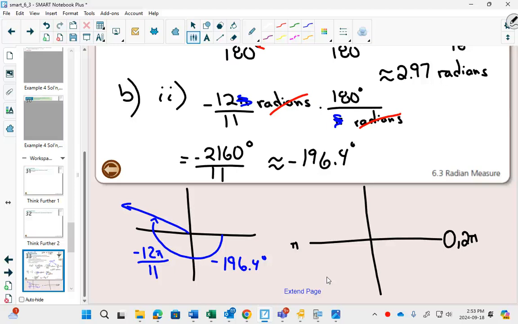So when we're thinking about negative 12 pi over 11, this is the same as negative 1 and 1/11 pi, if I change it to a mixed fraction. The negative 1 tells me I have to go backwards 1 pi. And then I have to go 1/11 more. So I don't know how good you are at splitting something up into 11 pieces in your head.